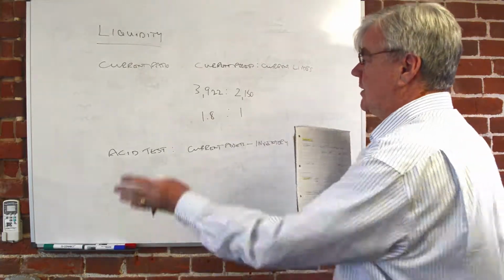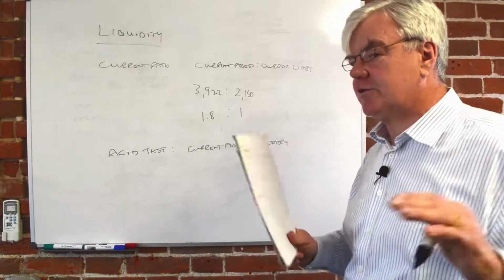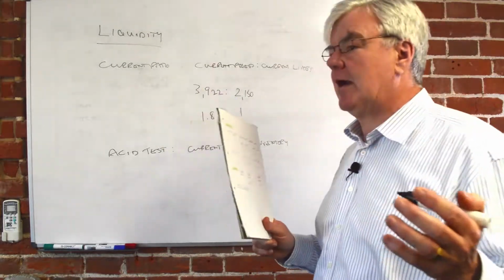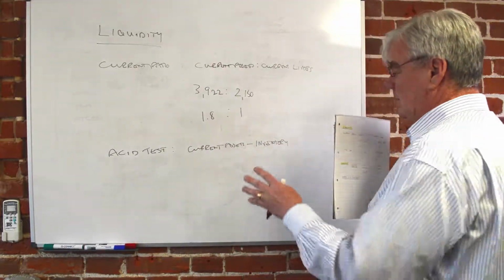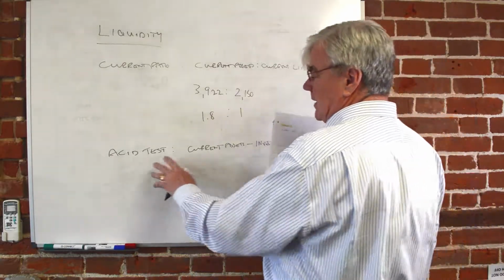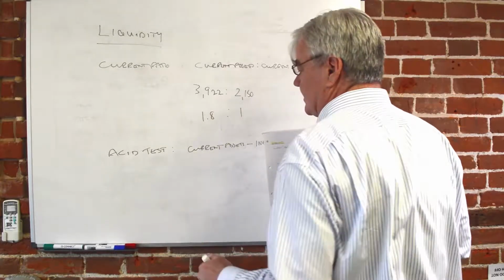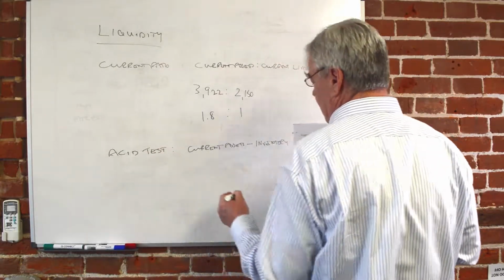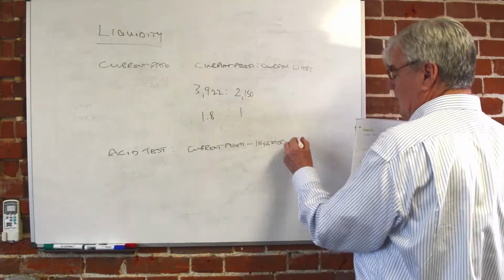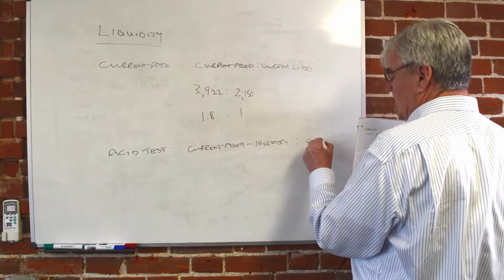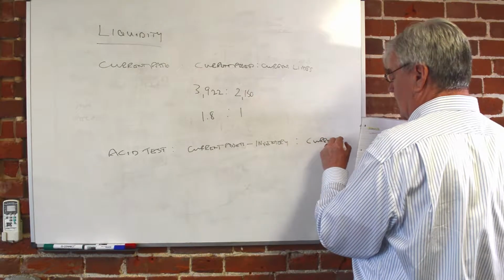If current assets include inventories, we have to sell them first, and we might not be able to do that. So we deduct the inventory. Sometimes we call this the quick asset ratio, though acid test is perhaps slightly more common. You take that away and compare it to current liabilities.